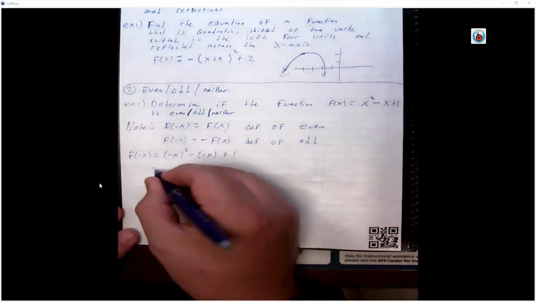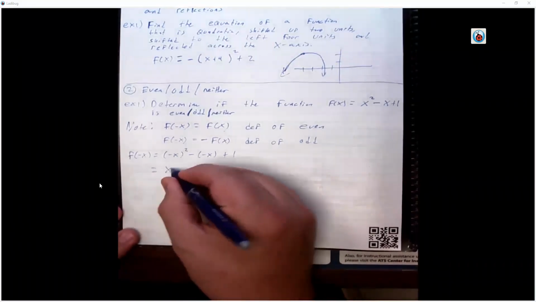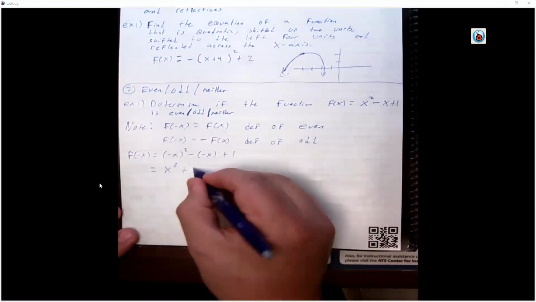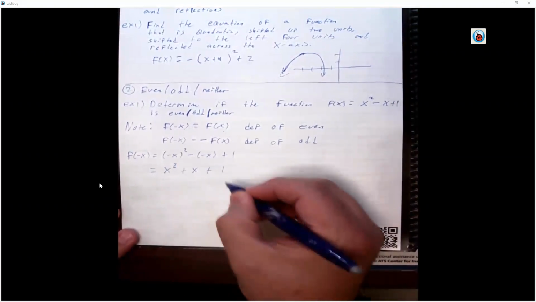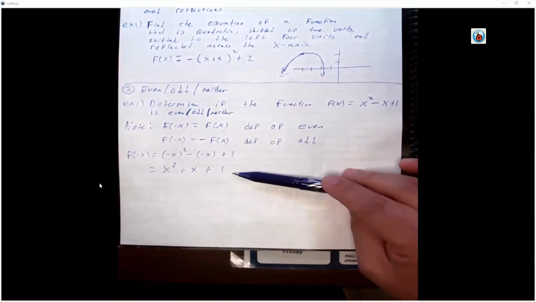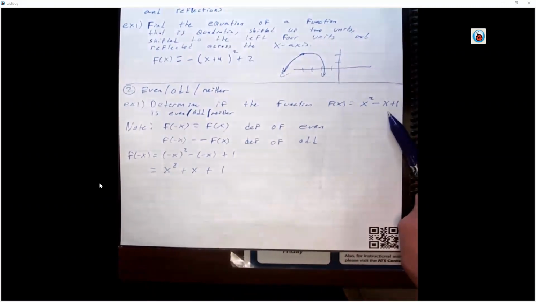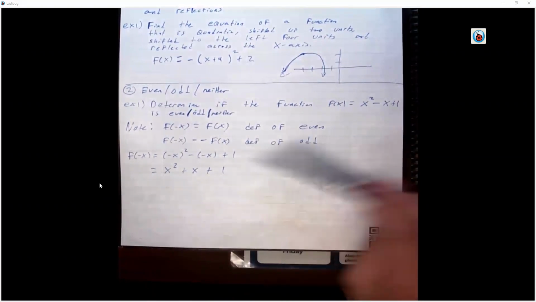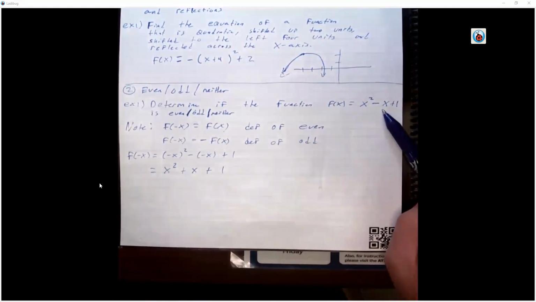So first one becomes just a regular x squared, right? Negative negative becomes a plus. That one just stays a one. Is this the exact same thing I started with? Here's the original. Yeah, it's not the same, so it's not even. So now the next thing we should ask ourselves, is it the exact opposite of this, sign-wise? No. It's not, so it's neither.